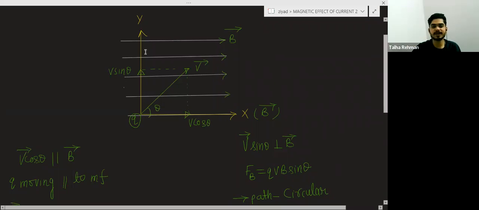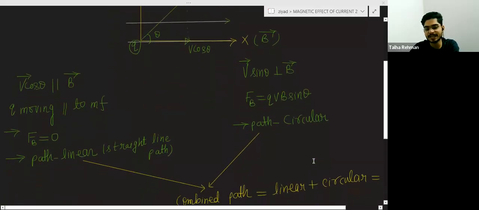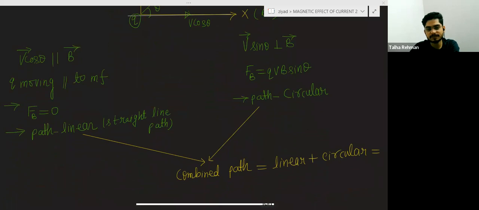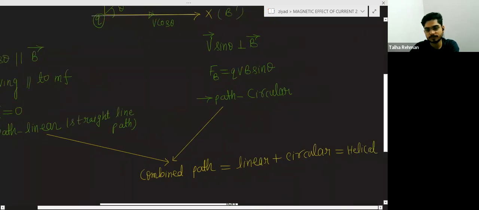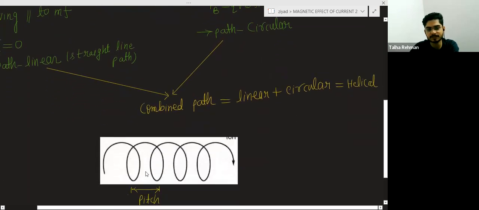The charged particle is performing circular motion, and instead of staying in place, it is moving forward or backward. It is moving on a straight line and on a circle also. This type of motion is known as helical motion, or the helical path the charged particle will follow. The combined straight line path and circular path is the helical path.